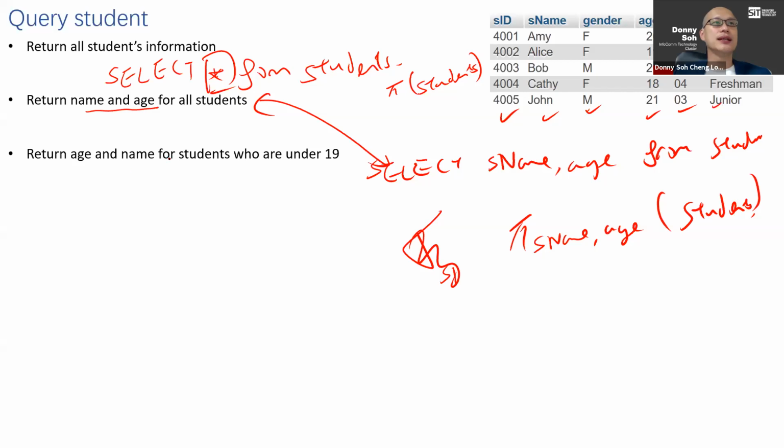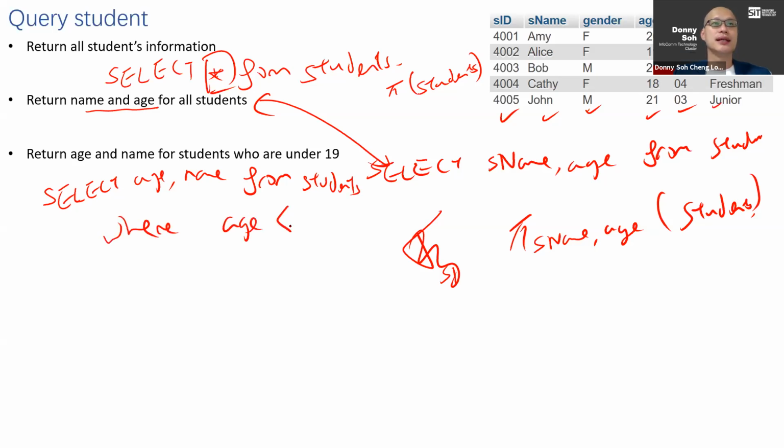Let's look at the third one. Return name and age for students who are under 19. So I want to select age and name from students where age less than 19. This is how we write the query out.